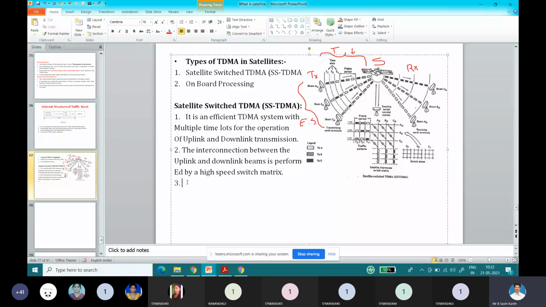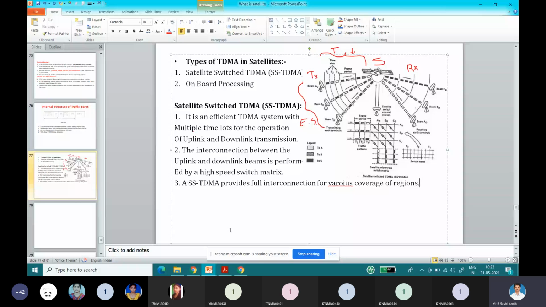The most important thing is that SS TDMA provides a full interconnection for various coverage of regions.